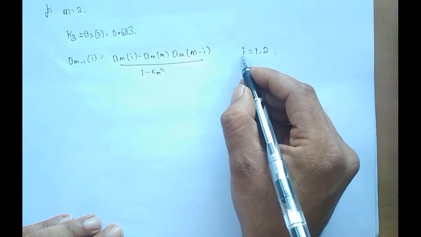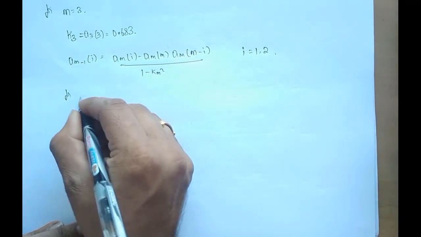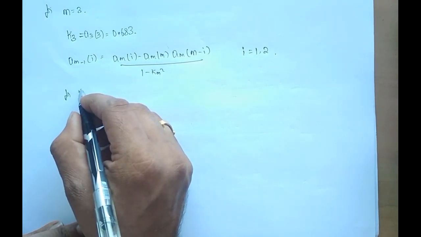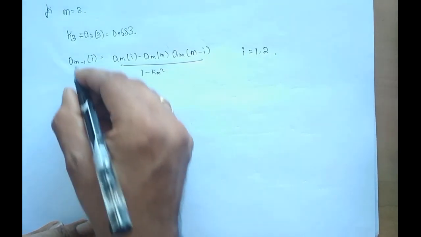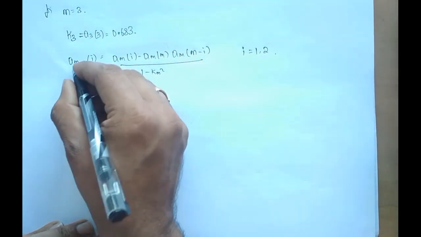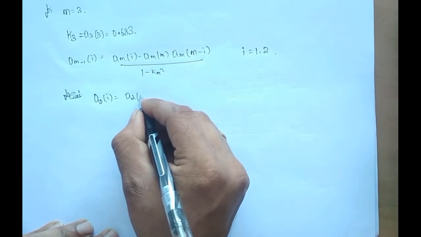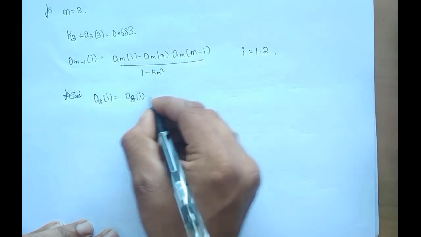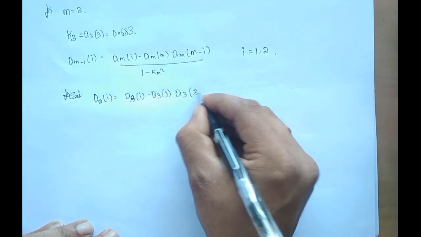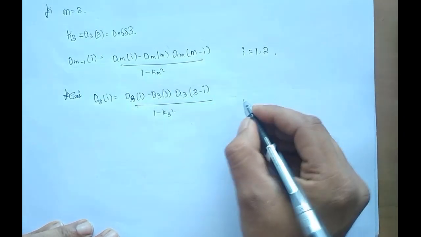Okay, so I takes the values 1 to m minus 1, so it takes two values, 1 and 2, right? But what is m? m is 3, right? So let me substitute the value of m. 3 minus 1 is 2. a2 of i is equal to a3 of i minus a3 of 3 into a3 of 3 minus i, whole divided by 1 minus k3 square, right?